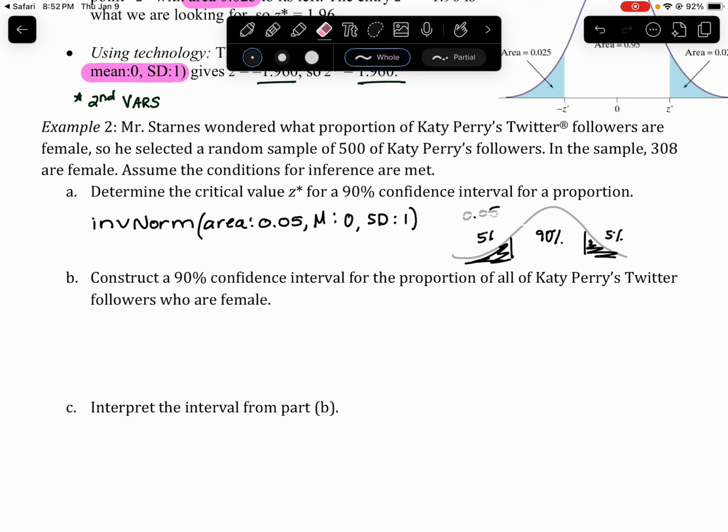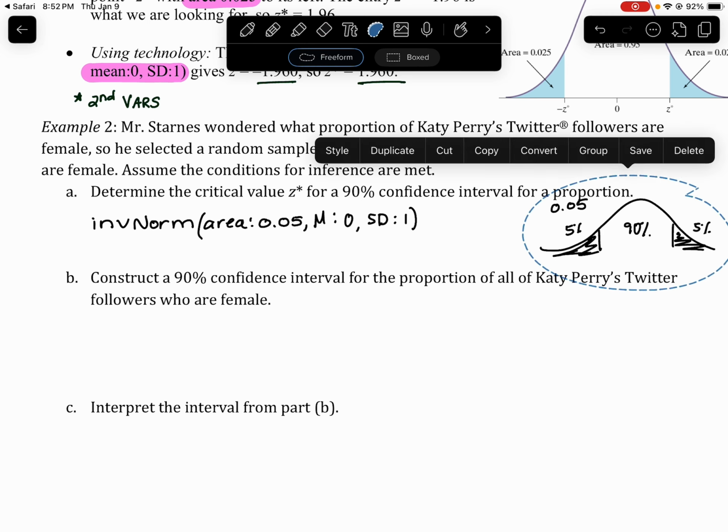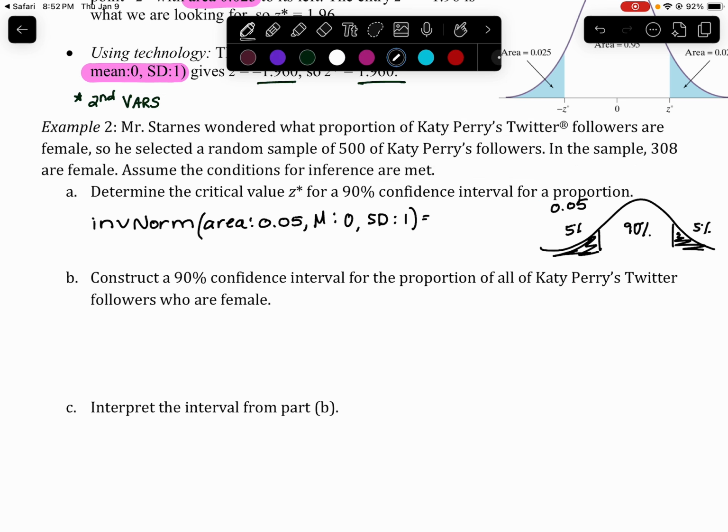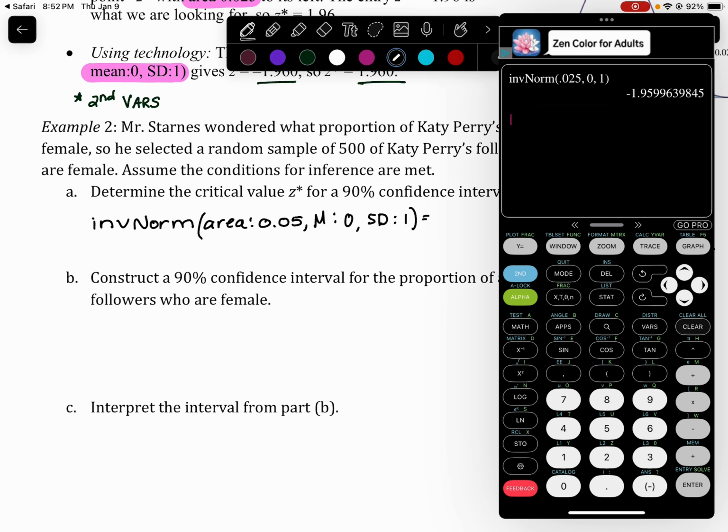Just going to erase this so I have some room. Actually, just move it over. So substituting this into the calculator, 0.05, we get Z star is equal to 1.645.